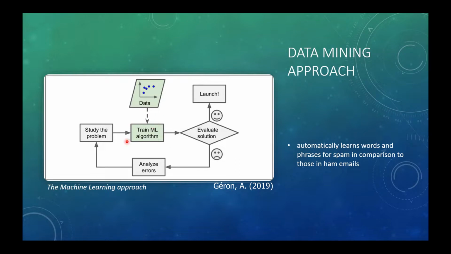Instead of writing those rules explicitly, remember the word explicitly programmed, inside the application based on the keywords and the phrases, what do we do? We use some statistical approaches, some machine learning algorithms, to learn by itself based on the data.